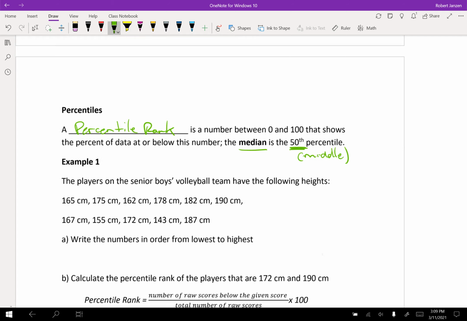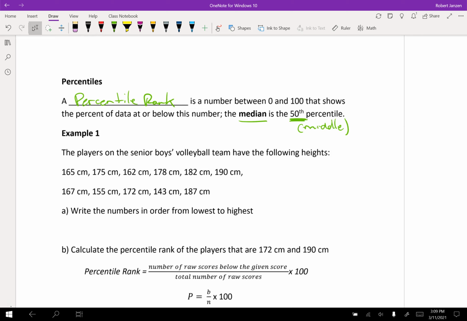Okay, so let's look at this example here. The players on a senior boys volleyball team have the following heights. Write the numbers in order from lowest to highest. All right, I think 143 is the shortest. Then I think we got 155. What comes next? 162.